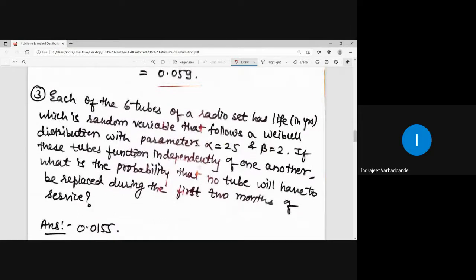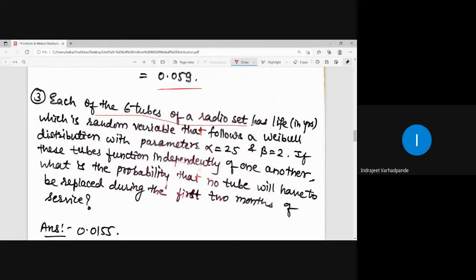Next is, each of the 6 tubes of a radio set has life in years, which is a random variable that follows a Weibull distribution with parameters alpha is equal to 25 and beta is equal to 2.